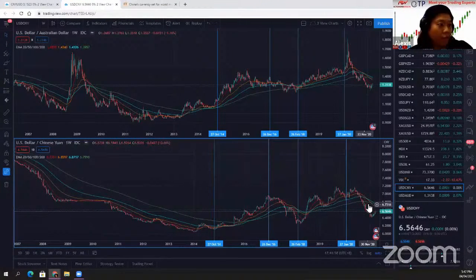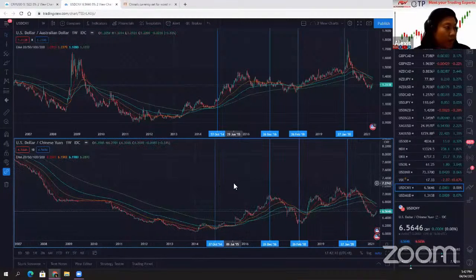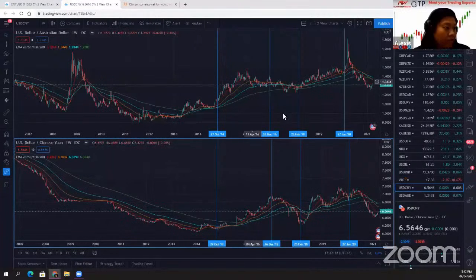And I think the correlation would be a bit closer if China's monetary policy wasn't as regulated, right? So I'm just identifying the turning points of the renminbi. Let's start with October, when there was a gradual increase in the dollar renminbi, which means there was a weakening of the renminbi.